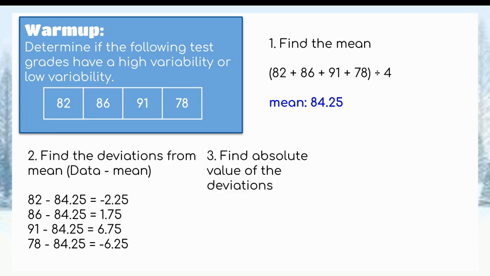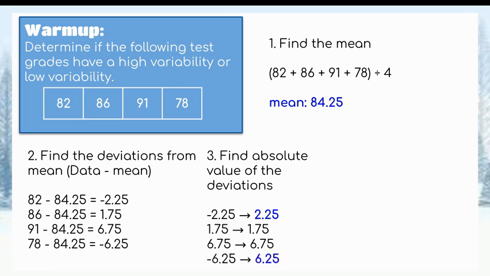Step 3 is to find the absolute value of these deviations. So negative 2.25 becomes positive 2.25, 1.75 stays 1.75, 6.75 stays 6.75, and negative 6.25 becomes positive 6.25. Once I have the absolute value of the deviations, we're going to find the mean absolute deviation by taking all of those absolute deviations and finding the mean.